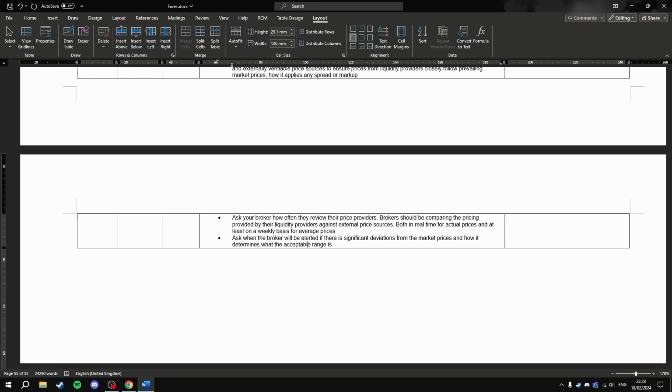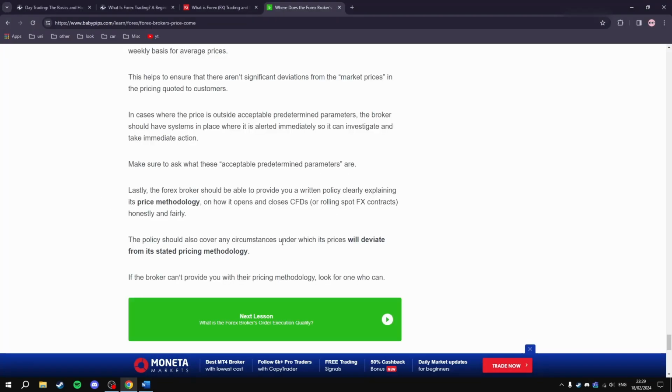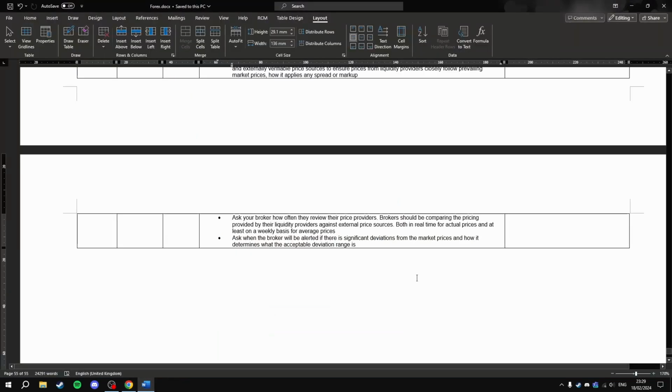Yeah, I think that makes sense. Lastly, the Forex broker should be able to provide you a written policy clearly explaining its pricing methodology.